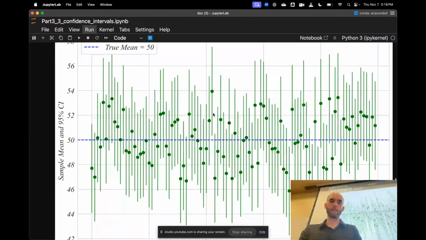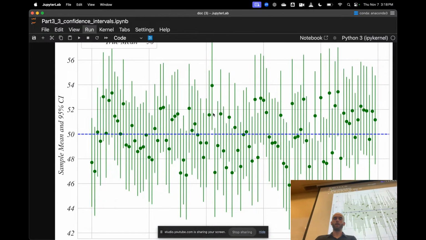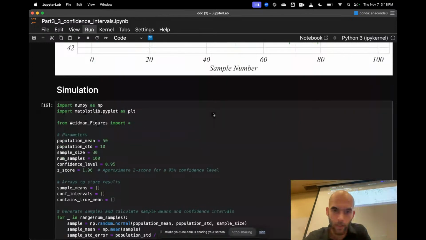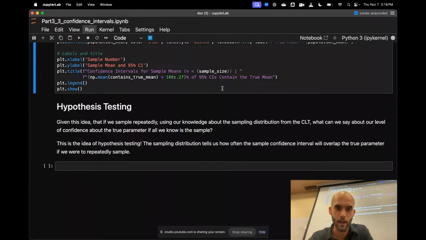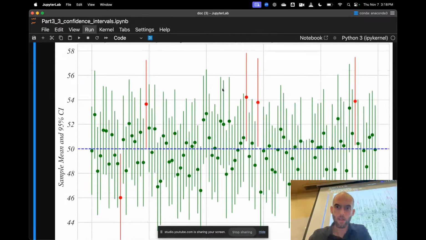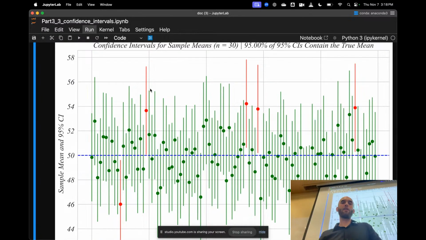That picture looks like this. Actually, I'm going to show you the one with the red colors. So we'll run this again. And here you can see, now that we've placed the intervals around the sample means, we can check how many of those times the truth falls within that interval.